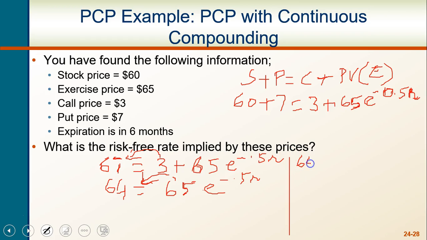64 divided by 65 is equal to e raised to the power of minus 0.5 times R. Horrible looking R, by the way.